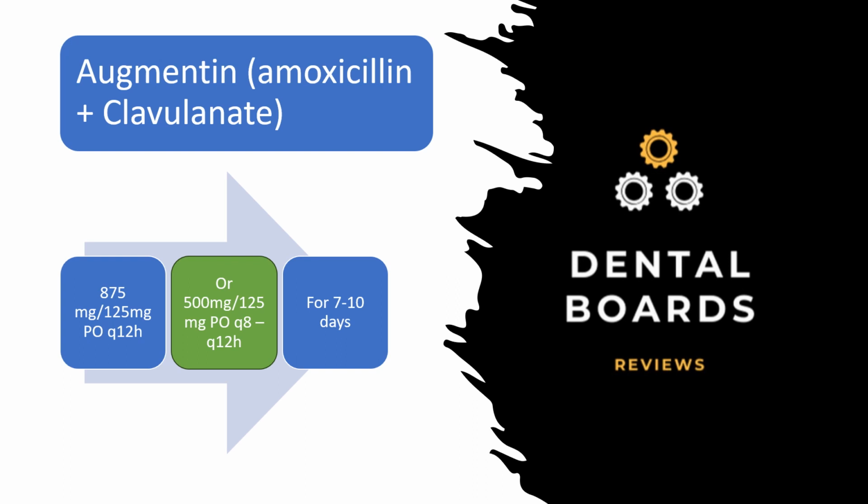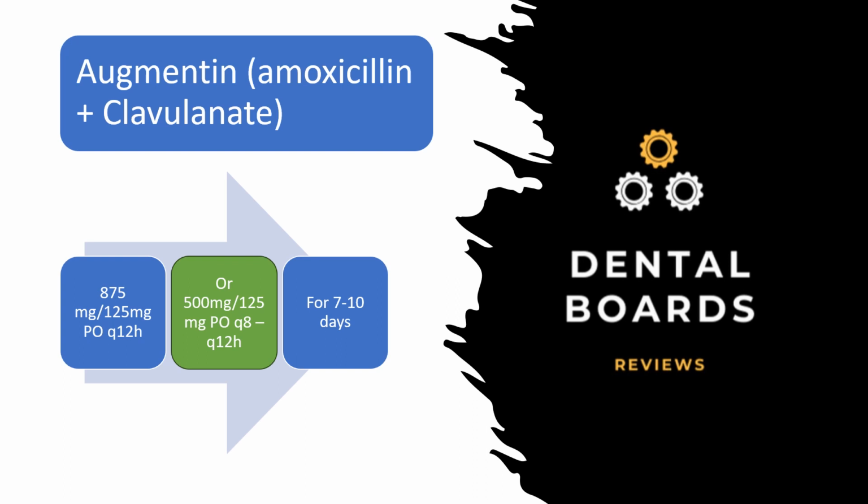Or you can give 500/125 milligrams PO Q8 hours or Q12 hours. You can give this for 7 to 10 days, and you have to tell the patient to finish it: take it until all gone.